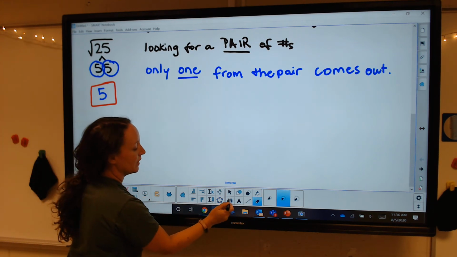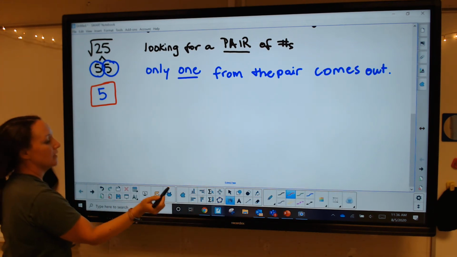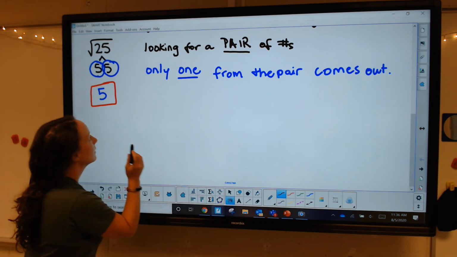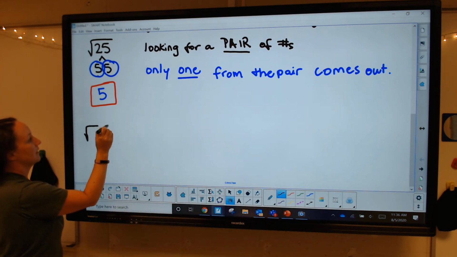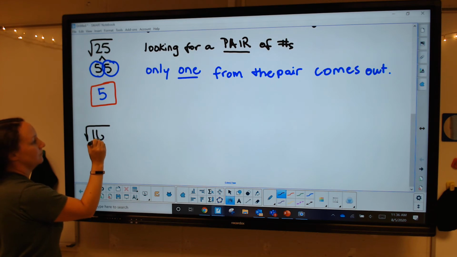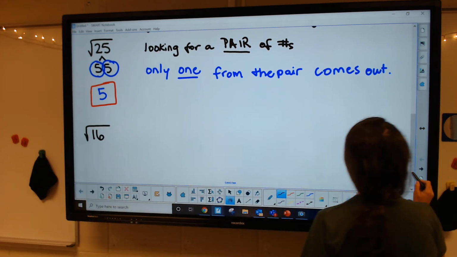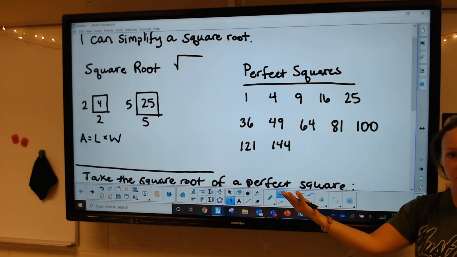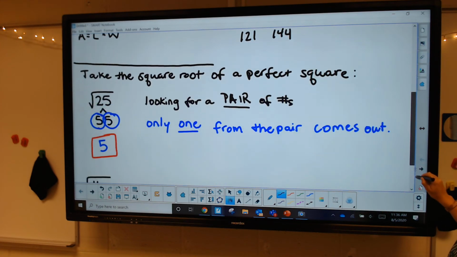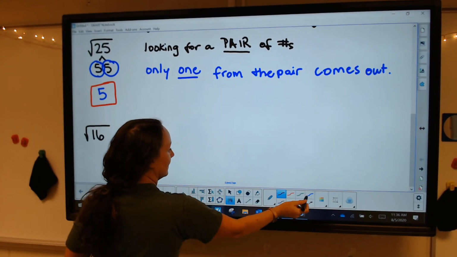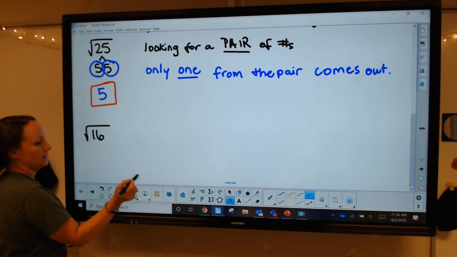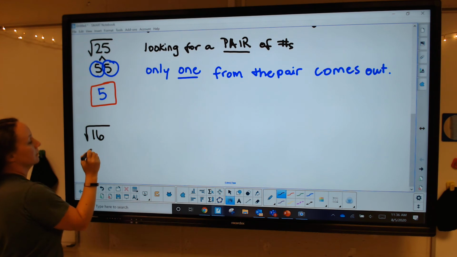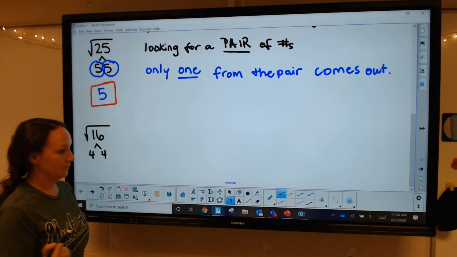I'll do another one. If I were to take the square root of, let's say, 16. So 16, again, is on my list of perfect squares. 16 is 4 times 4. So I'll break 16 into the pieces. 16 is 4 times 4.